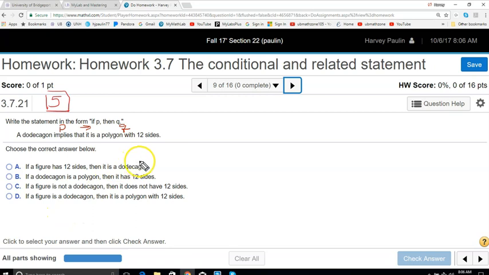Now remember, sometimes you can add a few words. You can even change the order a little bit if that's appropriate. Let's see what you end up with. Well, letter D. If the figure is a dodecagon, then it is a polygon with 12 sides.